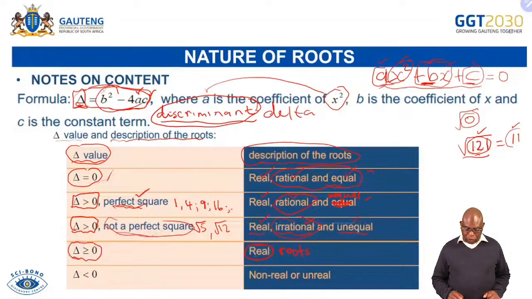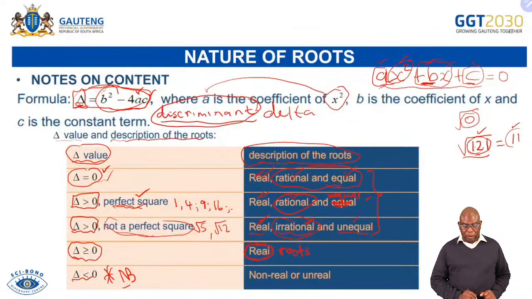Because we are combining all this. Or sometimes, if it's equal to 0, that will be real, rational, and equal. But everything there will be real. Can you see it's real, real, real? Because it's greater than or equal to.